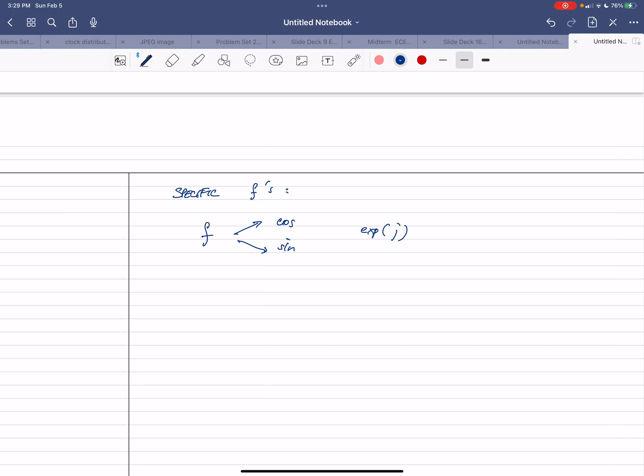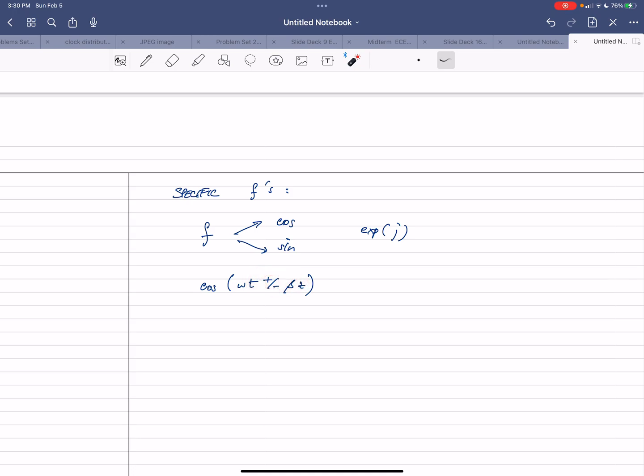Anyway, a legitimate function that we can look at is the cosine of omega t plus or minus beta z. And this looks like a traveling wave type of function. We have some constant times t plus or minus some constant times z.